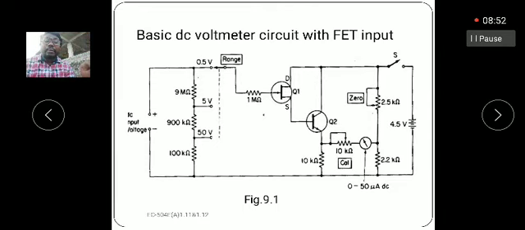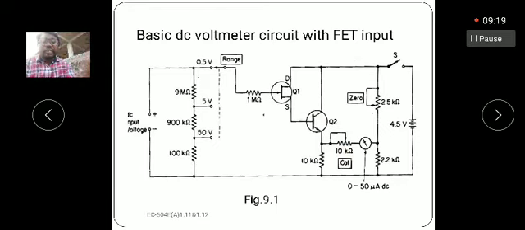A source follower drives an emitter follower.